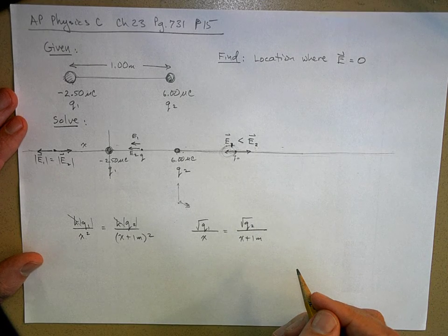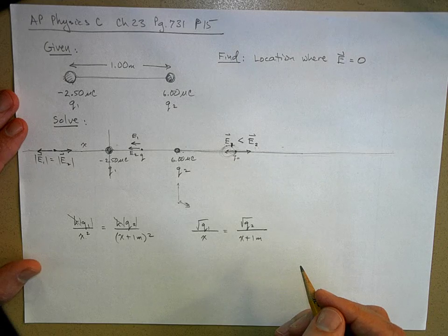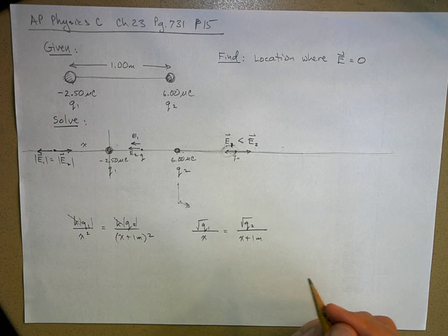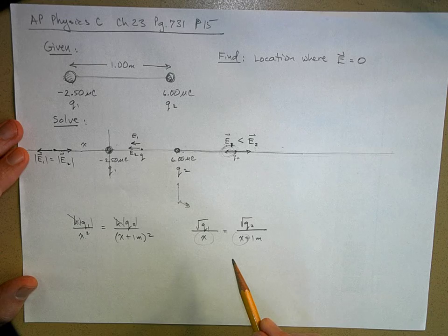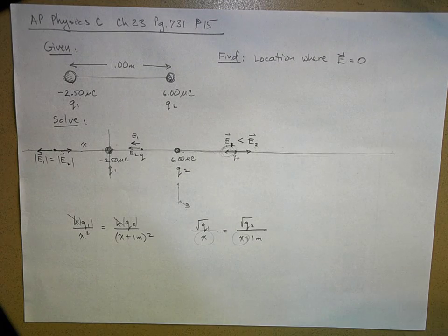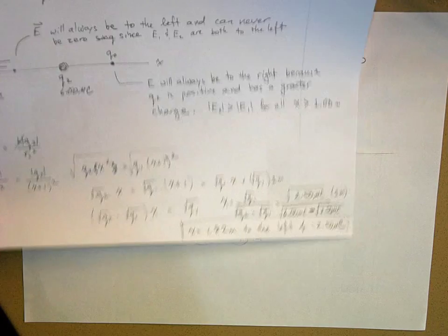Now, oh shoot, I only have a couple of minutes left, but it's just a matter of solving for x. I did it a little differently algebraically here, and it's kind of messy.